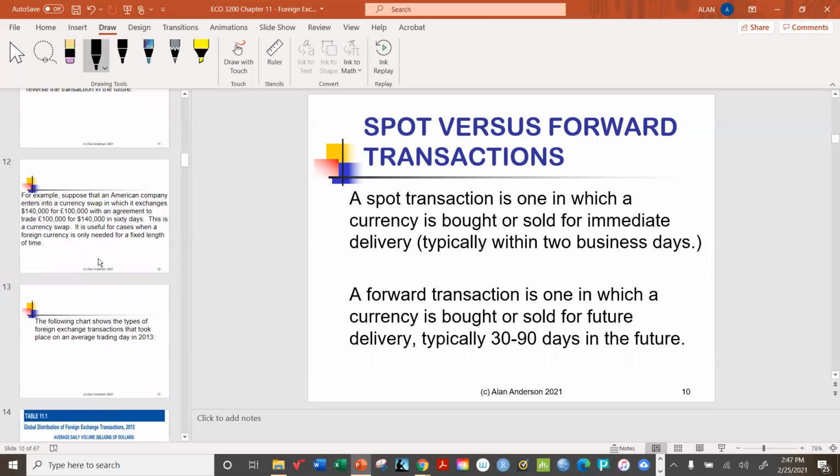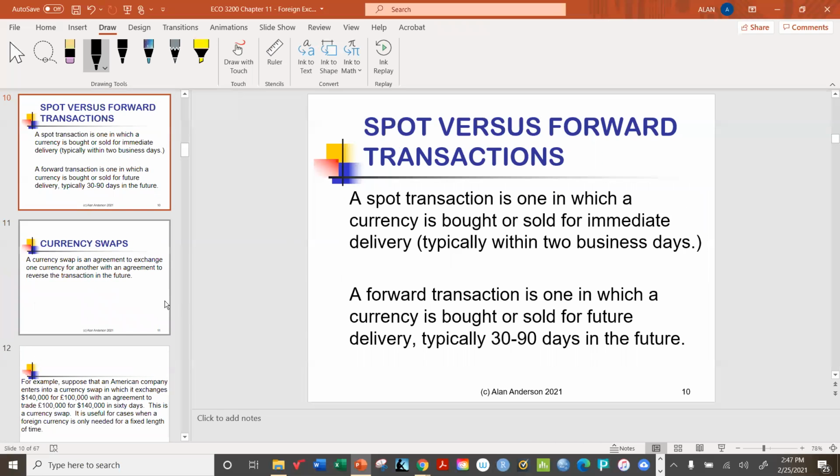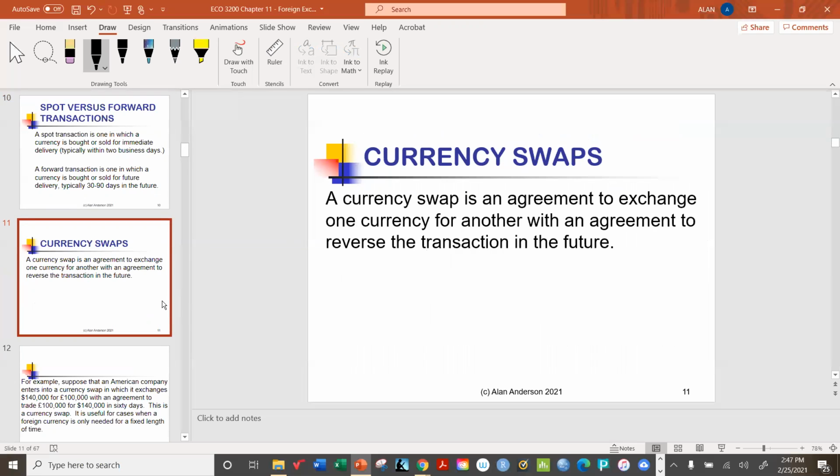Now, we also have an arrangement that you can enter into called a currency swap, where basically what happens is you buy a currency now and you agree to sell it back in the future. So in other words, imagine again, you're an importer and you'll need pounds, but only for, let's say, 2 months.